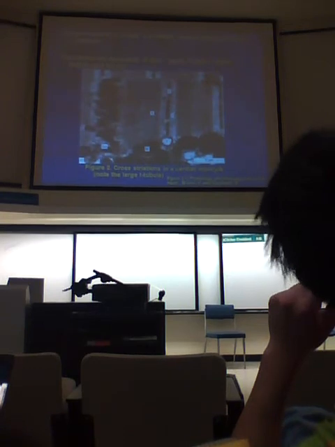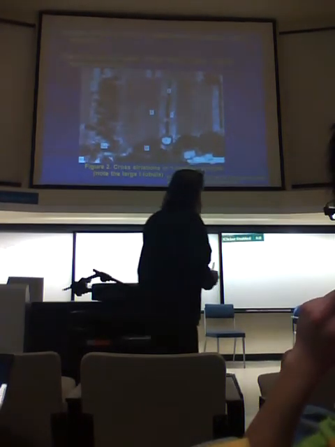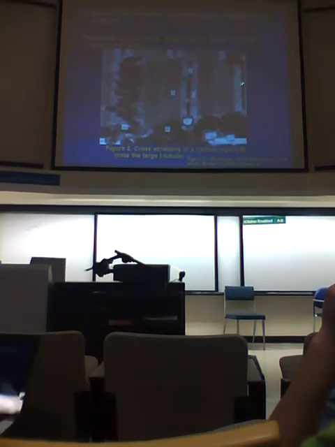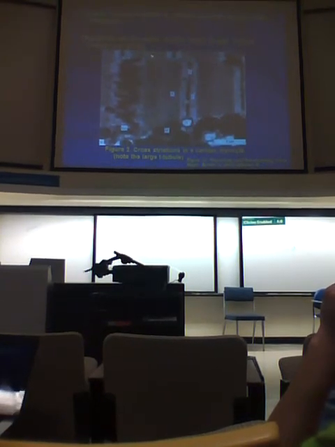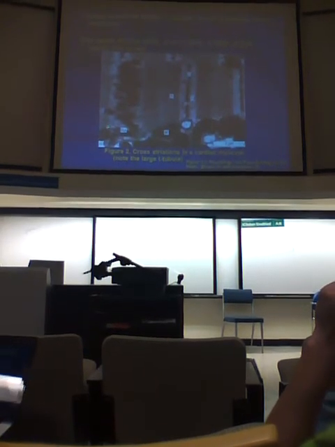This is a picture showing a section with a strip of cardiac muscle. And this is one muscle cell. It then attaches to another muscle cell.